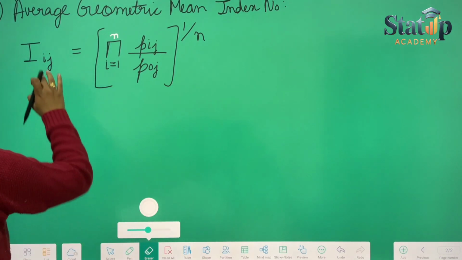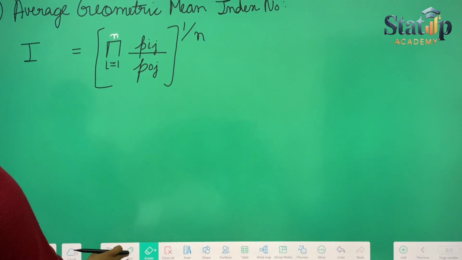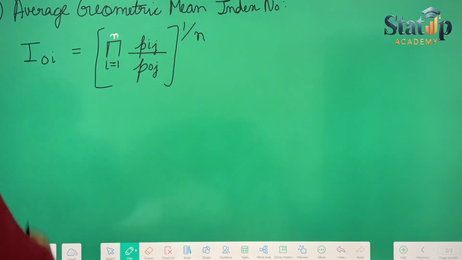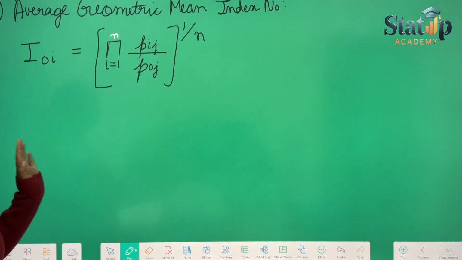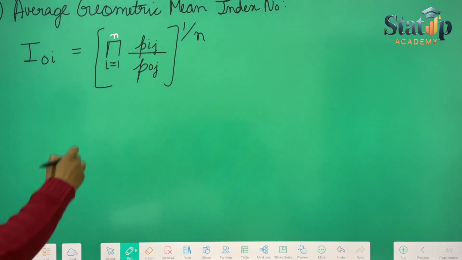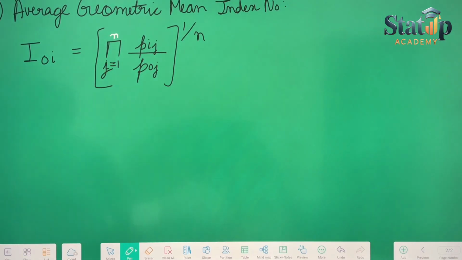Here this will be also p0j. So this is the equation of our model, and this will be j goes from 1 to n.